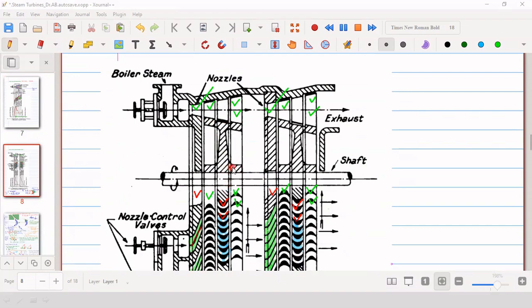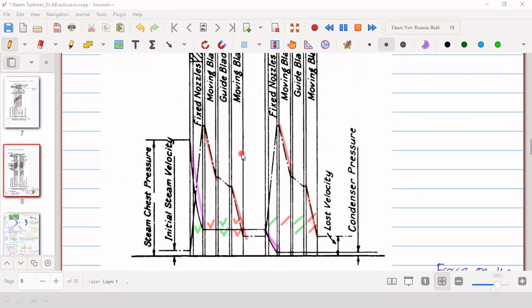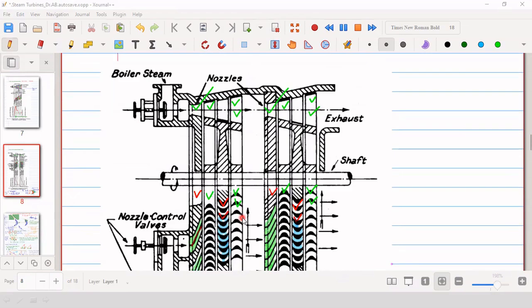Again, we have seen that in a pressure velocity compounded impulse turbine, we generally use two such two-row wheels, and these are individually velocity compounding, and in between there is a pressure compounding. So both are done here. These are nozzles basically. As we have two nozzles, there are two pressure compoundings, and each of these is velocity compounding.